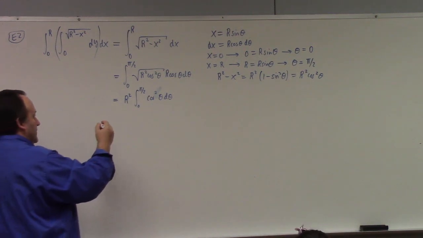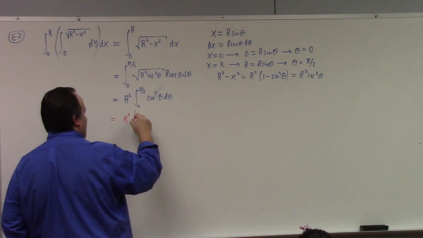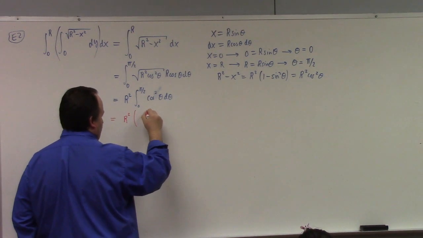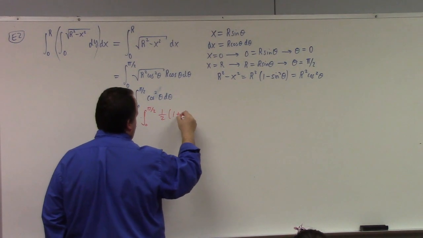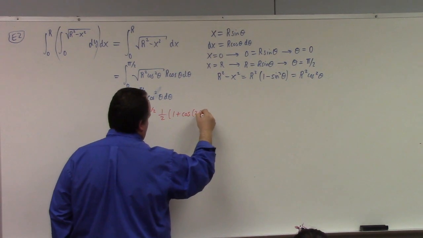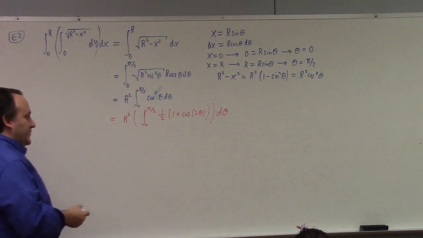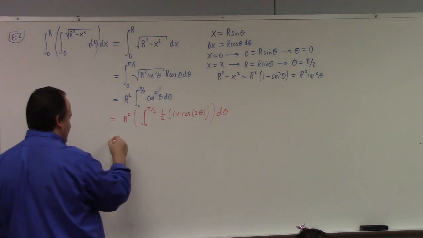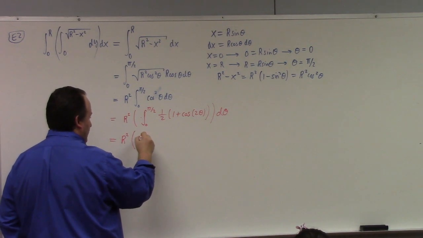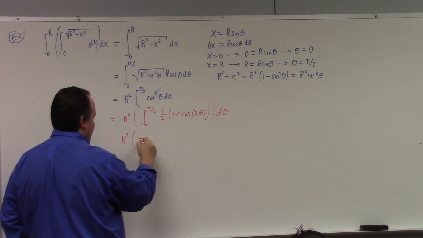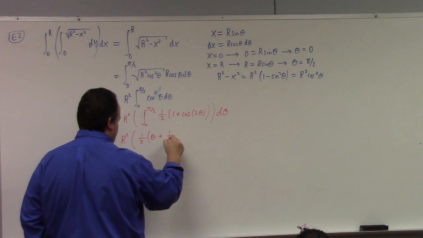Because you're like, I can integrate by parts. No! You cannot integrate by parts here. You use 1/2 the integral from 0 to pi over 2 of 1 plus cosine 2 theta. That's how we integrate this with trigonometry. And so the integral of that is r squared times 1/2, which gives a theta plus 1/2 sine 2 theta.